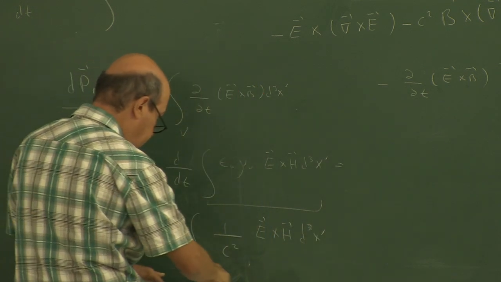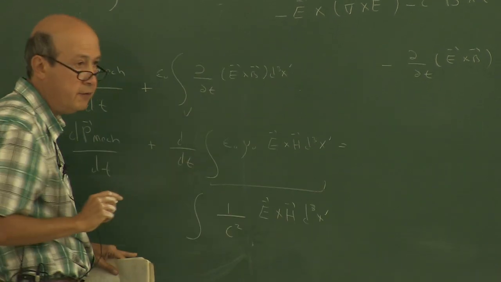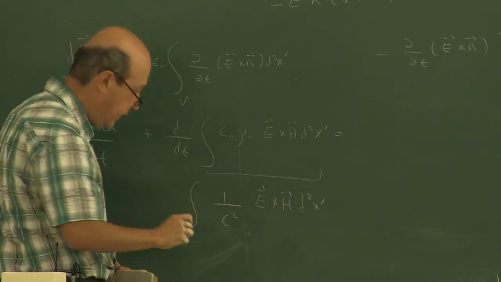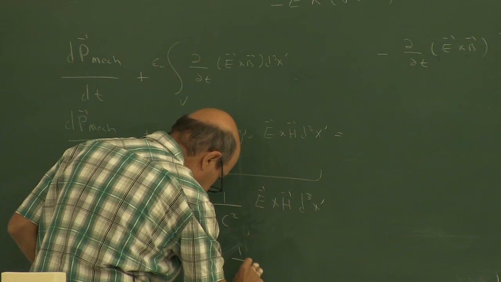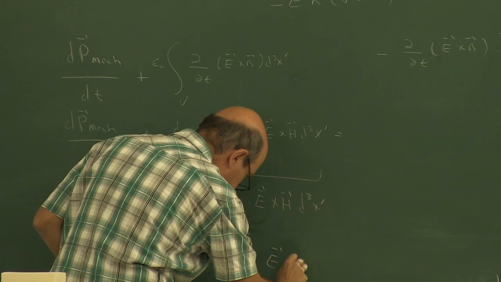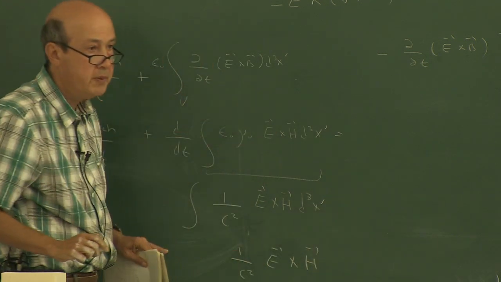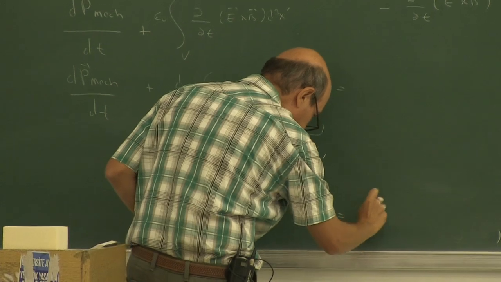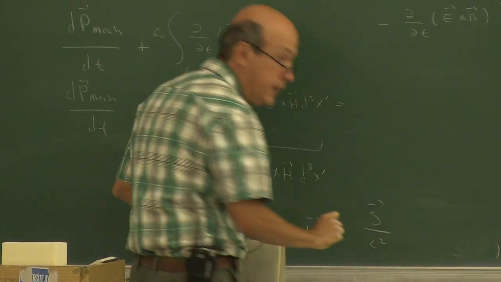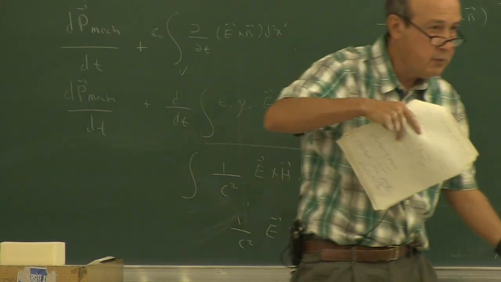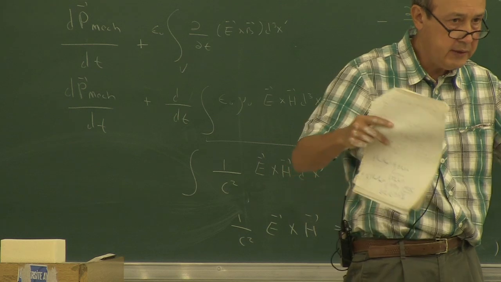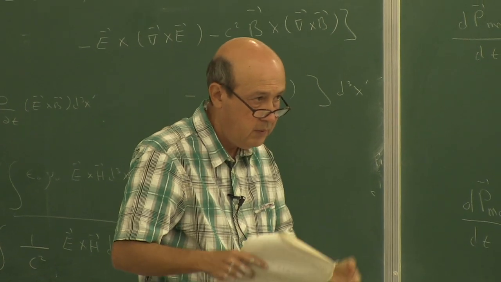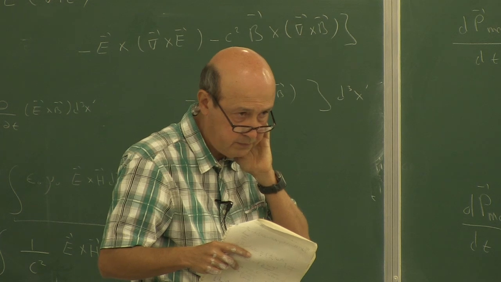All of this has to be momentum, because this is the derivative of the momentum. Therefore the integrand, E cross H over c squared, or S over c squared, since the volume integral is momentum, should be the density of the momentum: momentum per volume.